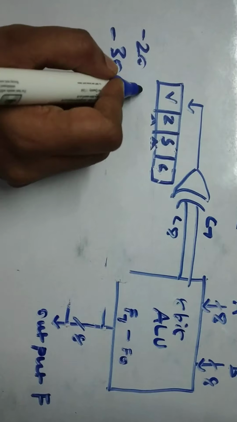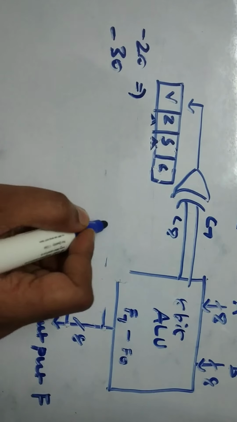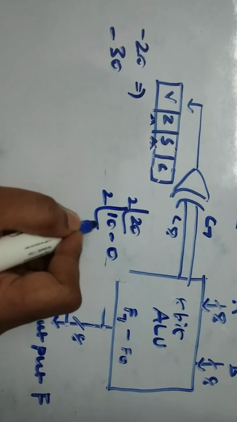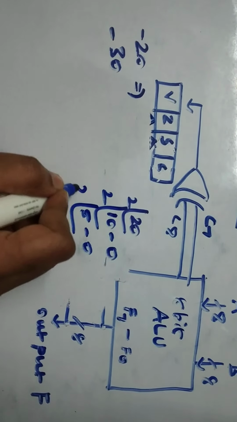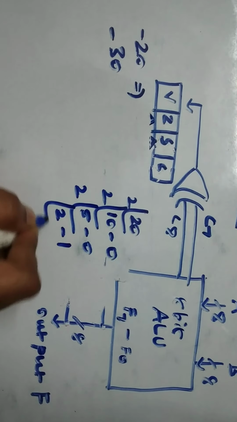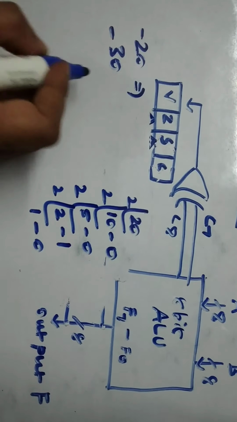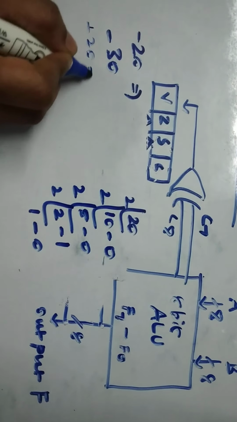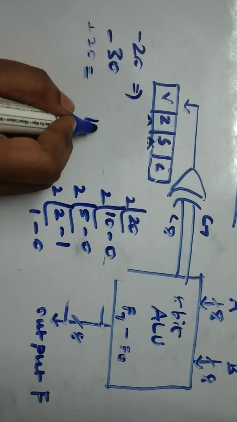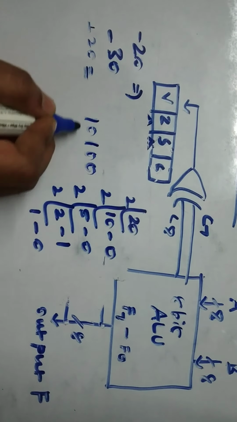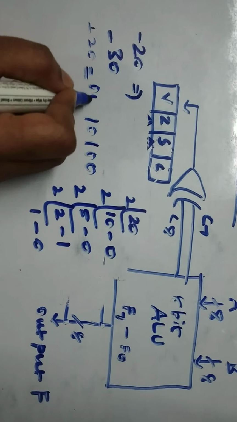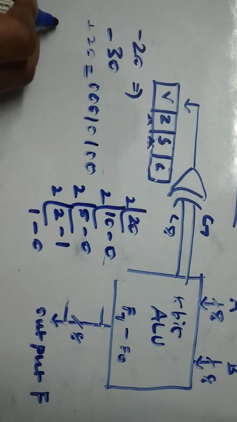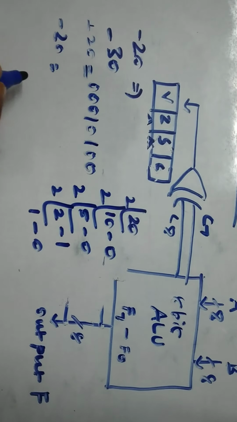How do we change decimal to binary? 20 is represented as 1 0 1 0 0. So for plus 20 the value is 1 0 1 0 0. Since we have only 5 bits, we need to include 3 zeros to make it 8-bit format. So what is minus 20? How do we change it to minus 20?